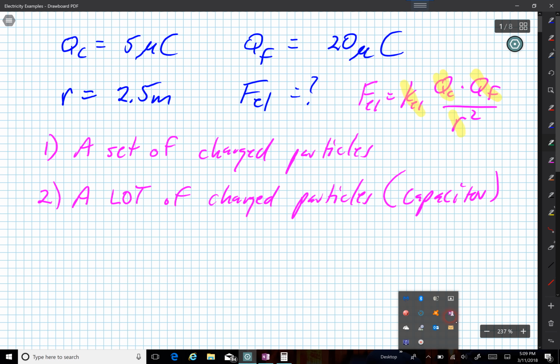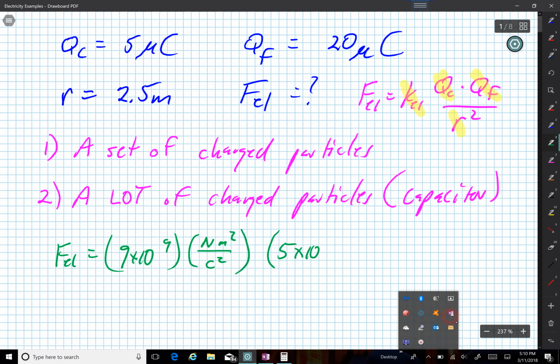So let's do that. Let's say that the electric force is 9 times 10 to the 9, and that has units. I'll put those here. That's Newton meters squared per Coulomb squared, times 5 times 10 to the minus 6 coulombs, because that's a micro.